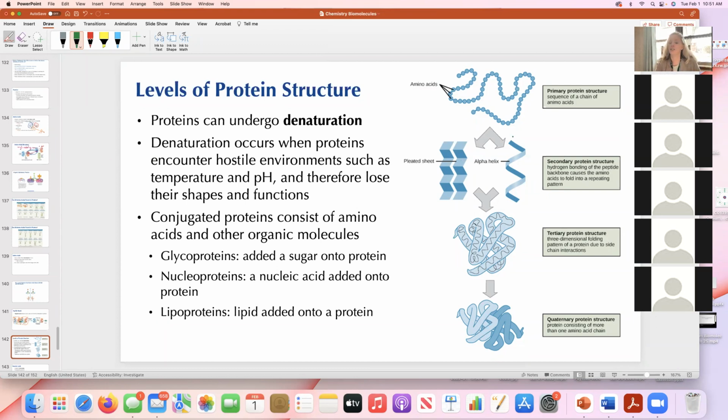The tertiary structure is after they've made, say, an alpha helix twisting up, okay, they might also fold back on each other. And you see here, here's twisted, twisted, twisted, alpha helix, and then those twist and fold up on each other into a third level of structure, that tertiary structure.